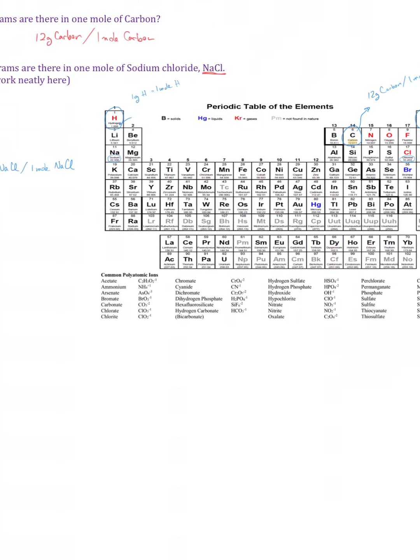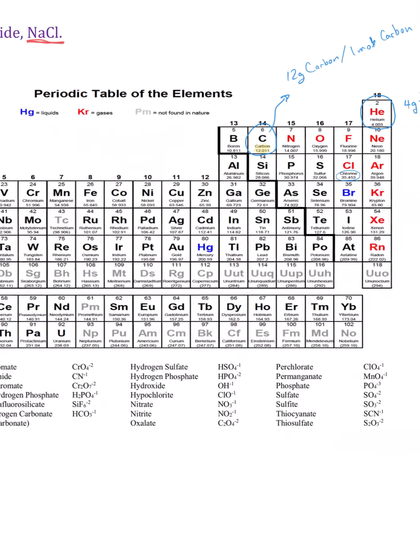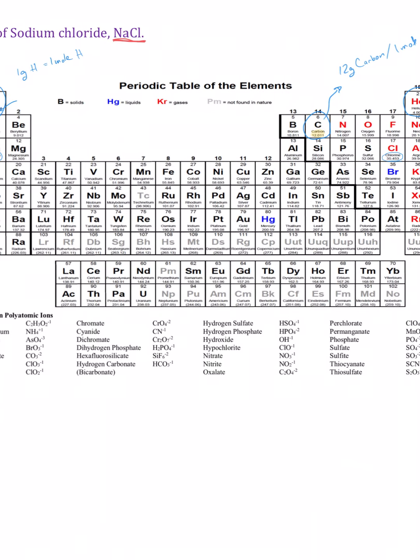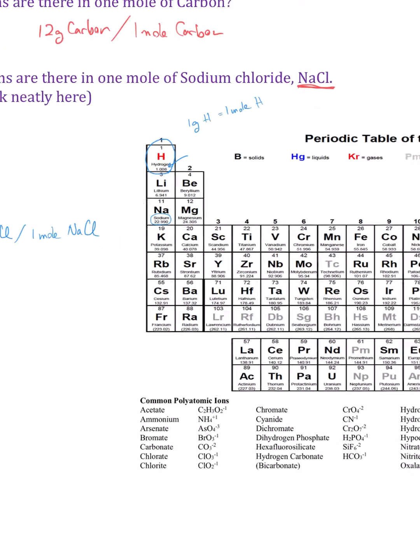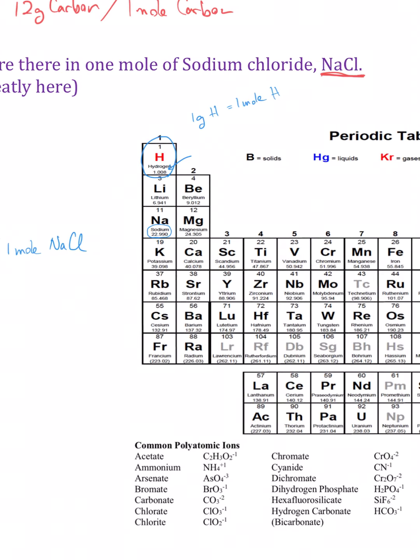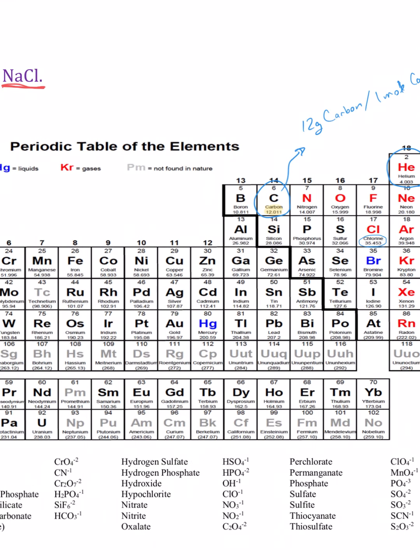I'm not going to do the next one for you because I think the same way. You go over here, you look at your periodic table, and you add them up. Let's look at sodium again, because I don't remember it off the top of my head. 23 grams for sodium. Just double checking, but I'm pretty sure. Yep, look at that.